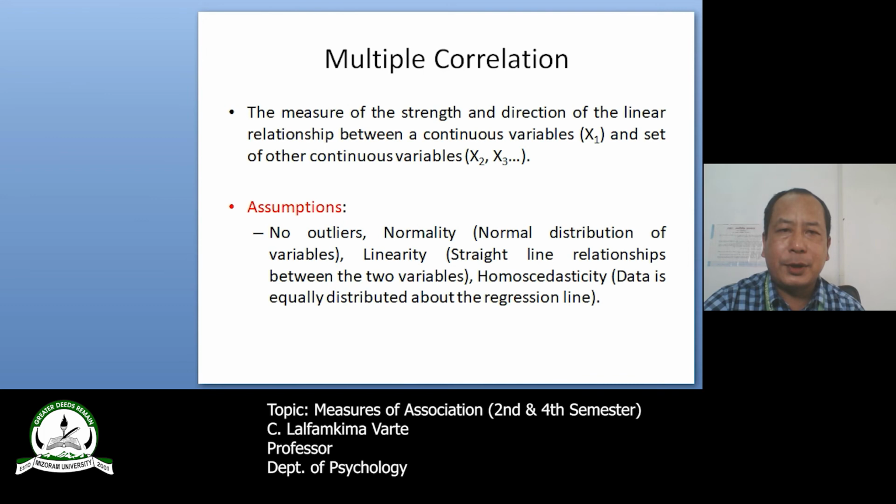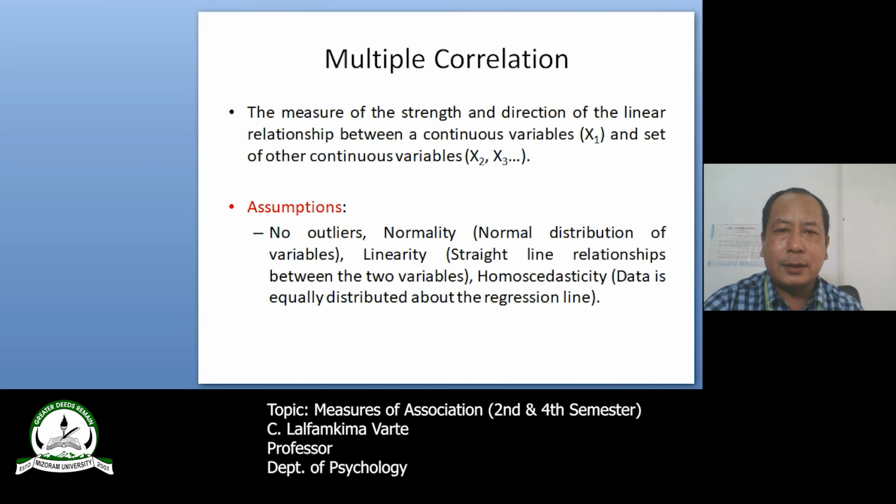Now let us move on to the relationship between one variable and a set of other variables. This is usually analyzed employing multiple correlation. Multiple correlation is the measure of the strength and direction of the linear relationship between a continuous variable x1 and a set of other continuous variables x2, x3, and so on.